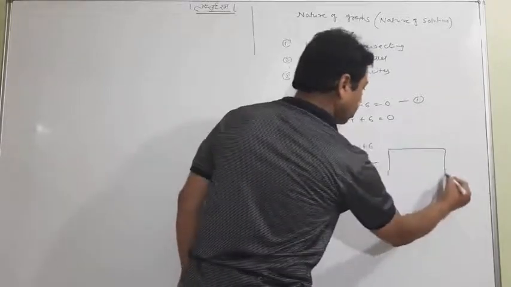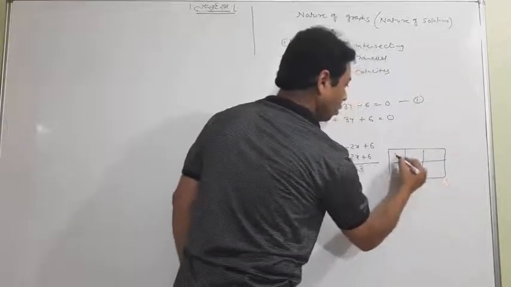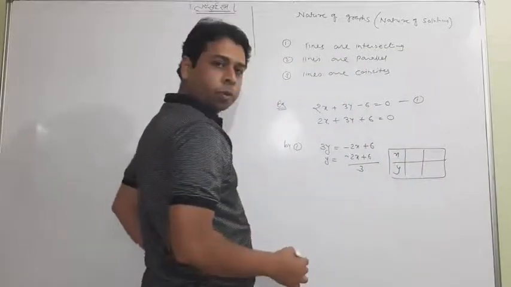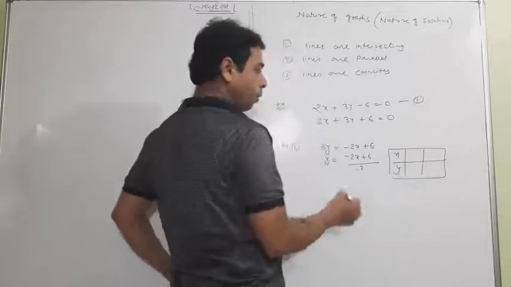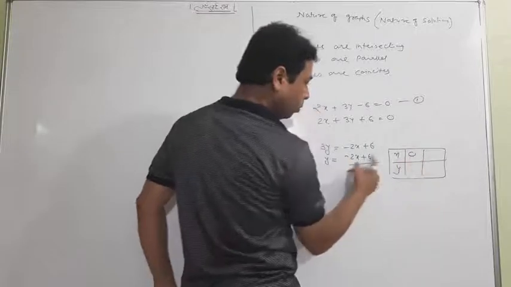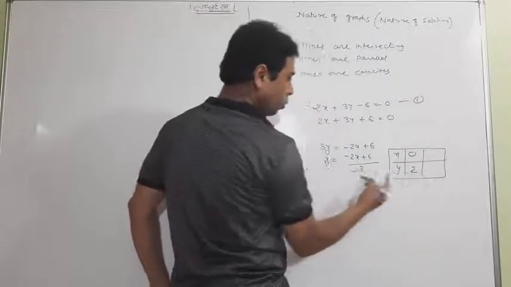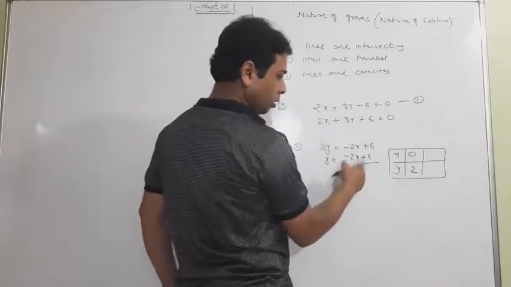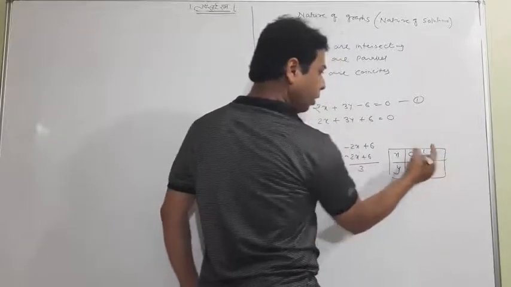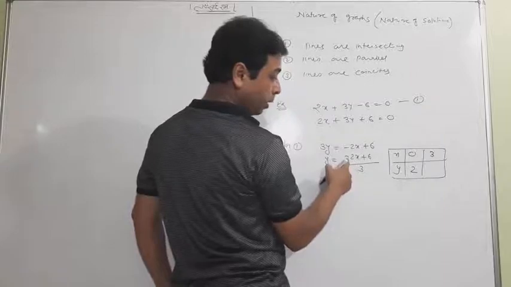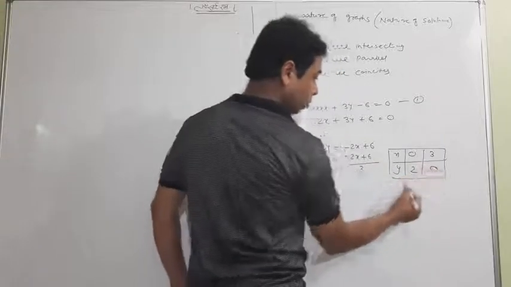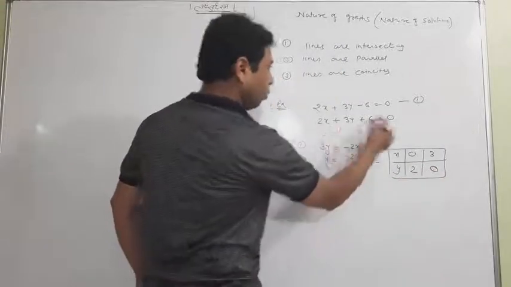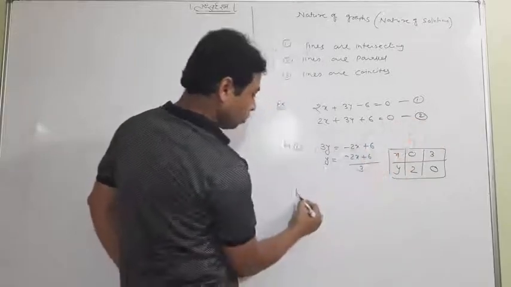Make a so-called value table. x is equal to, suppose, 0: 6 by 3, 2. x is equal to, suppose I am choosing 3, like 3 twos are 6, minus 6 plus 6 is 0. Now I'll go to the second.